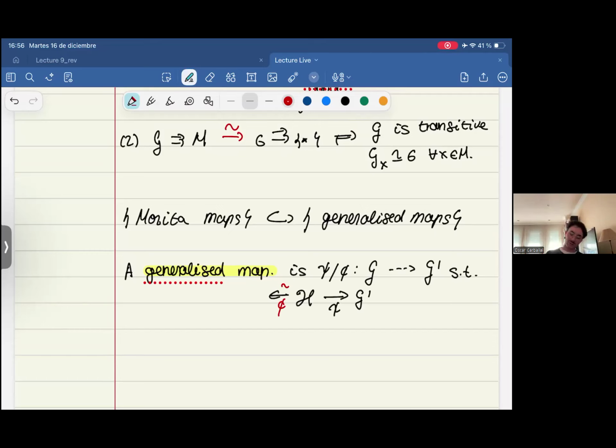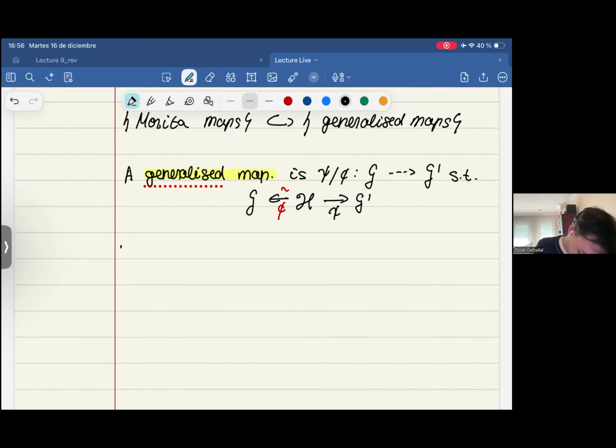So a generalized map consists of two morphisms of Lie groupoids, psi and phi, such that one of them is a Morita map, somehow, right? Okay, and this is onto G for sure. So a generalized map is something in this way.